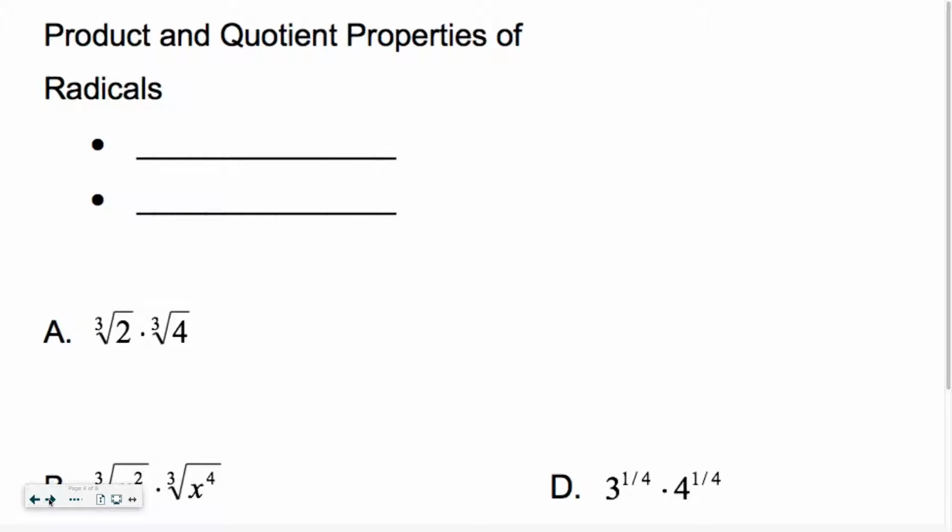Here are our product and quotient rules. We're used to seeing square roots, but since we're in chapter 5 and we're in algebra 2, I'm going to call them nth roots. So the nth root of A times the nth root of B can also be written as the nth root of A times B.